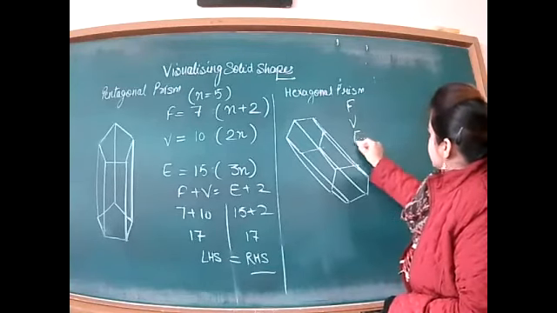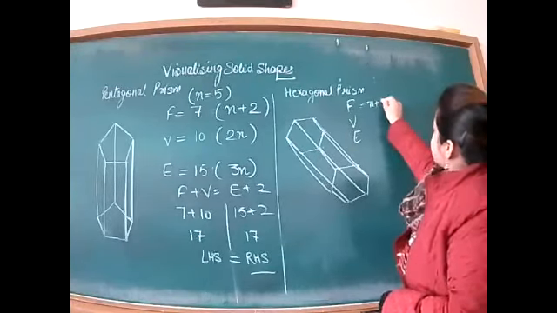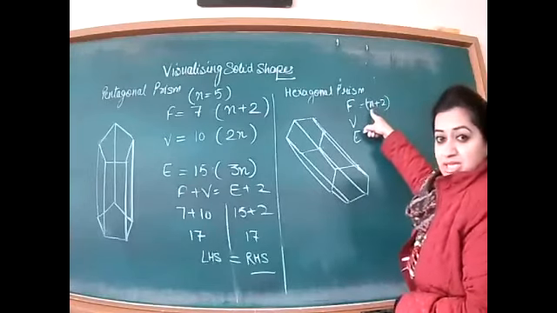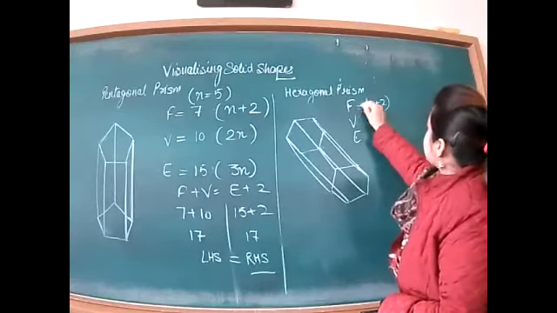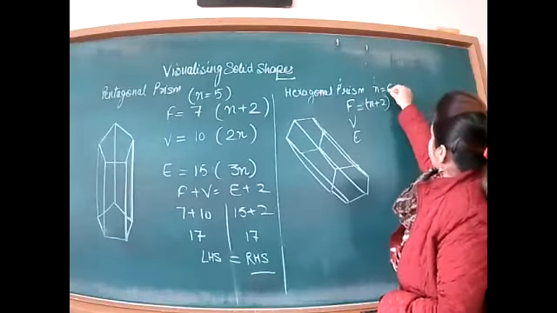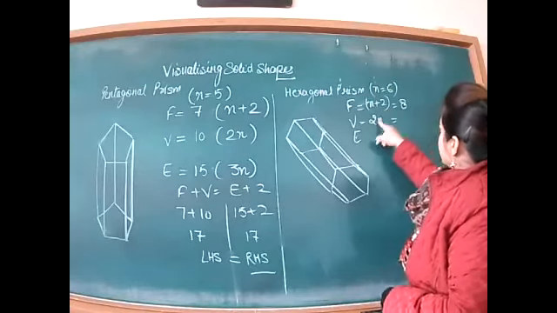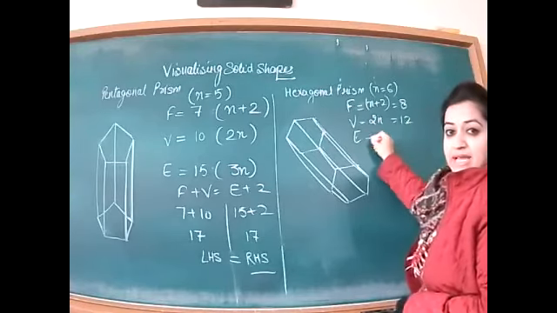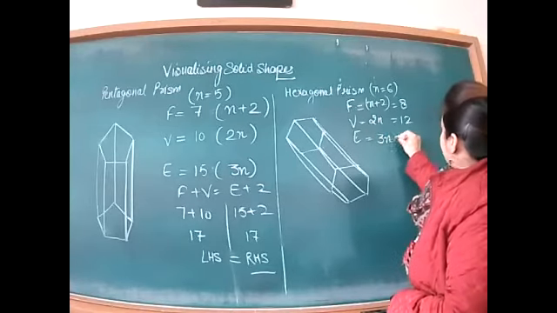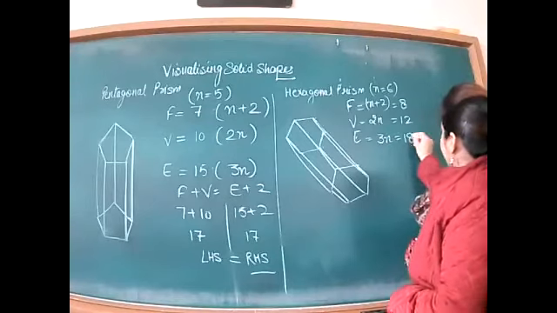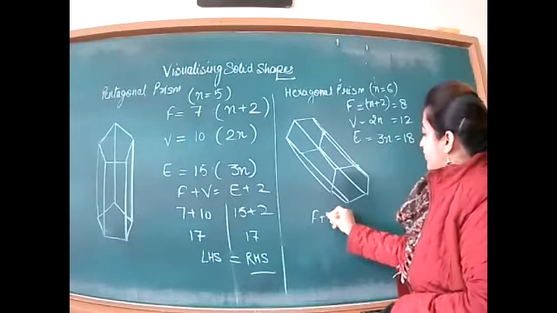Faces, vertices, edges. Formula is n plus 2. 6 sides are there. N is 6. So 6 plus 2 is 8. Vertices is 2n. So 6 2s are 12. Edges are 3n. So 6 3s are 18. And you can verify the formula also.